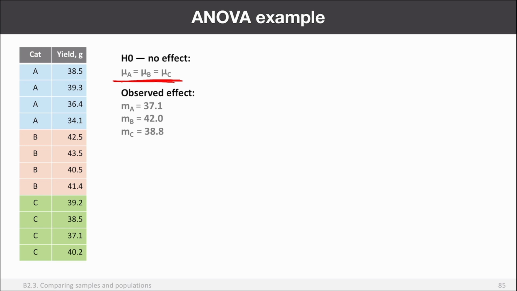The observed effect you compute by taking the average of every sample of every group and then computing the variance of these average values. And you can also standardize this variance by dividing by the variance of your residuals, of your noise, and that's what we call the F-value. So the F-value shows you how many times the variance of your mean values is larger than the variance of the noise.